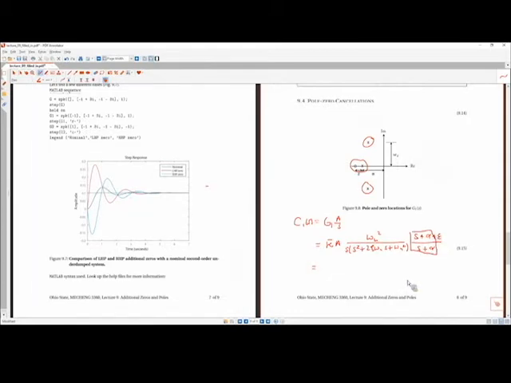So if I were to separate this out, I would have alpha, again, squared, denominator, okay, which gives us our second order underdamped response.